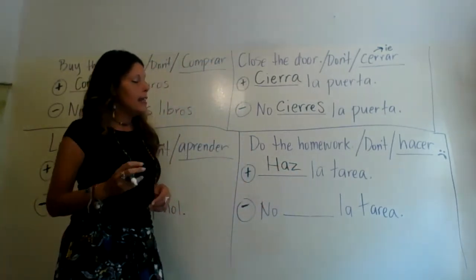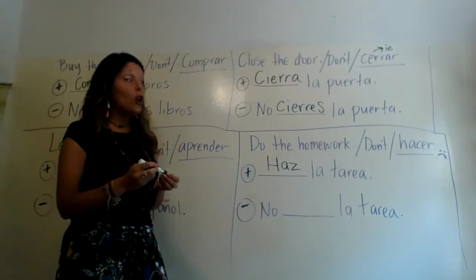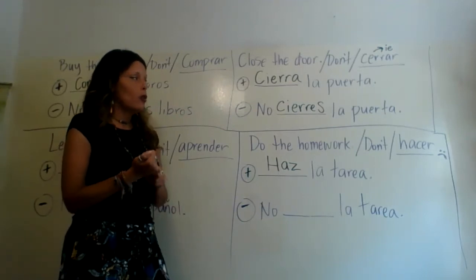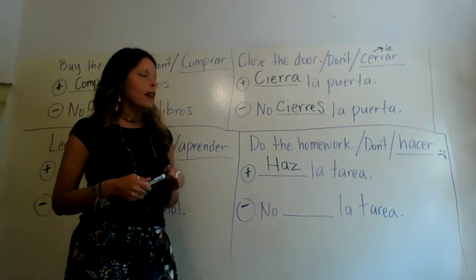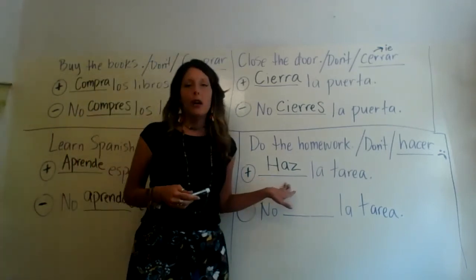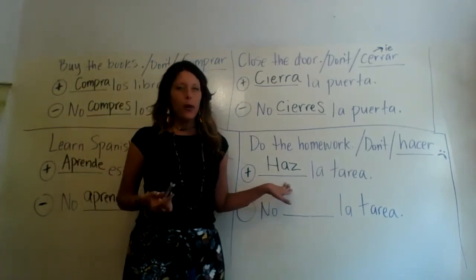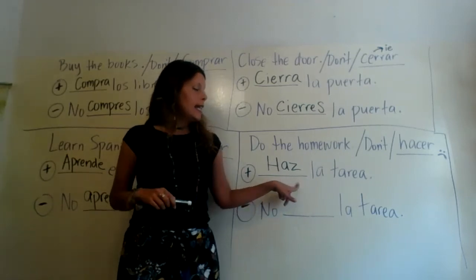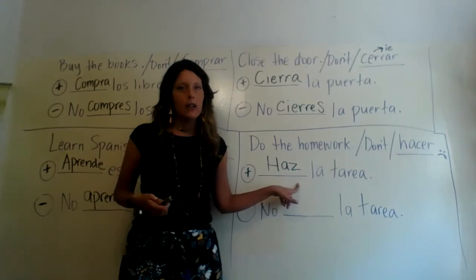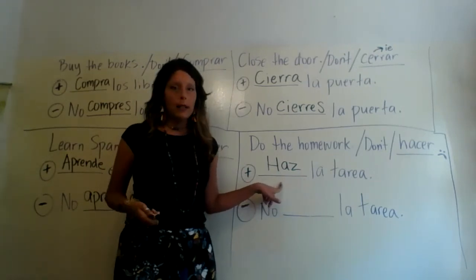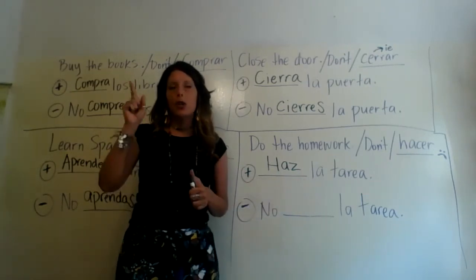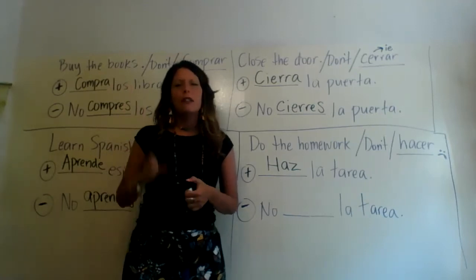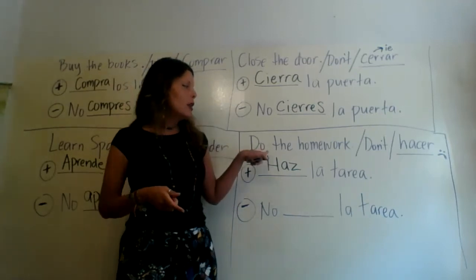Haz is the irregular affirmative informal command for the verb hacer, and it is pronounced as. Careful with that one because the H doesn't make a sound and the Z always makes an S sound. So we have as. If I want to say to a student, hey, do me a favor, do the homework.